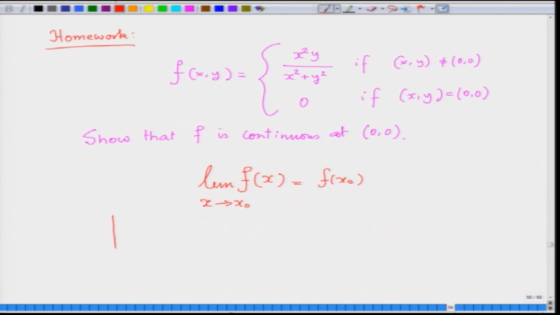Now, the modulus of a real number is a continuous function, and you are taking the limit. So, the modulus of f(x), f could be the modulus of x. Here (x, y) is a vector, you are taking the modulus of that. So, this is a real number and you are taking the modulus of that going to (0, 0).